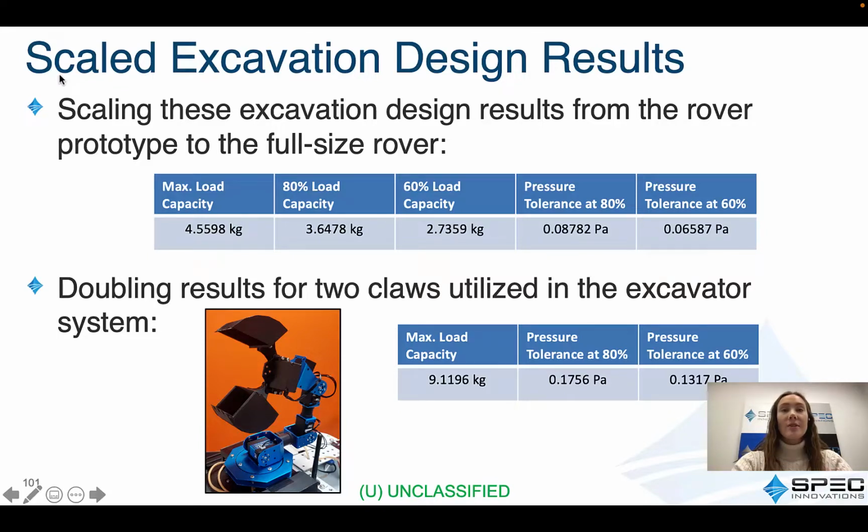A pressure tolerance of 0.878 pascals for 80% load capacity and a pressure tolerance of 0.0659 pascals for 60% were calculated for the full-size rover. Since these calculations and the analysis were done on one excavator claw, the results were doubled to mimic the excavation subsystem utilizing 2 claws.